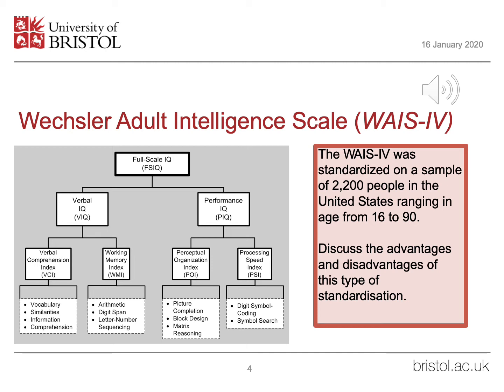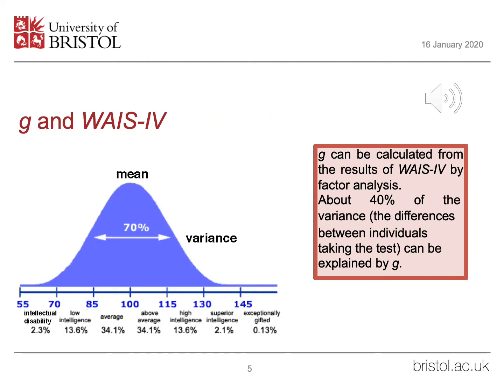A person's estimate of FSIQ is compared with a standardized sample of 2,200 people in the United States, ranging in age from 16 to 19. The final estimate of G, the FSIQ, is made by factor analysis.